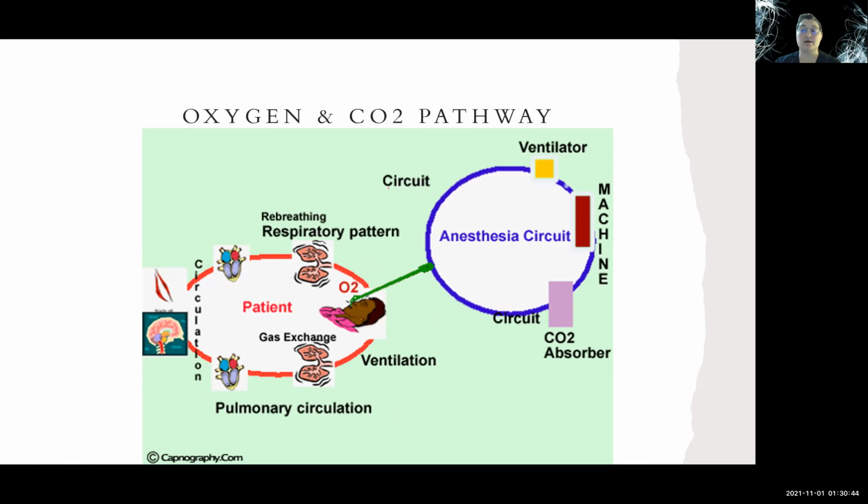Now, normally, our end-tidal CO2 values need to be between 35 and 45 millimeters of mercury. If we have values above 45, this means we're having inadequate ventilation. That means ultimately we need to provide ventilation.